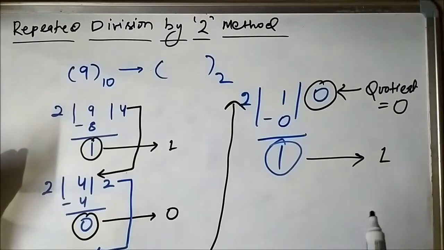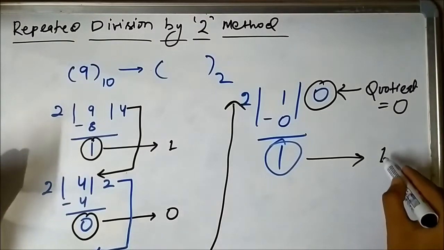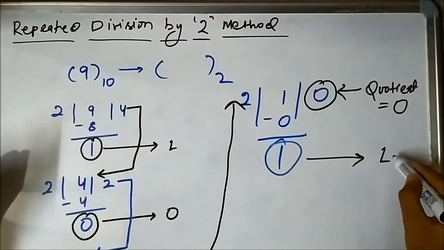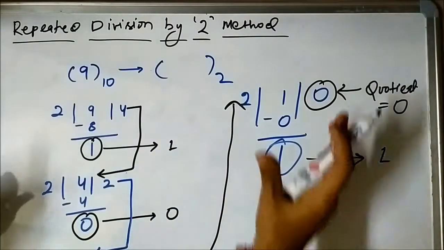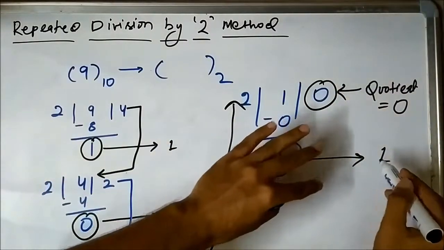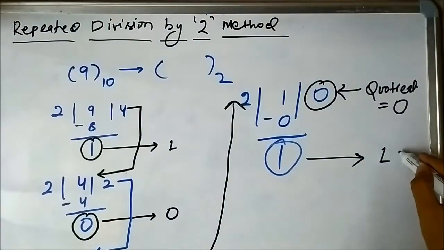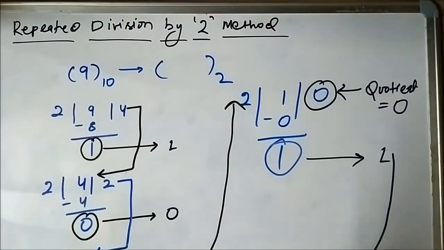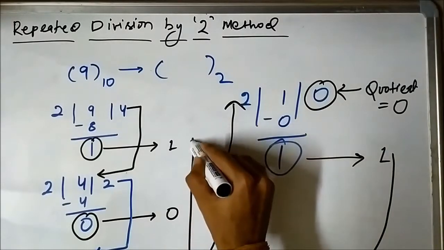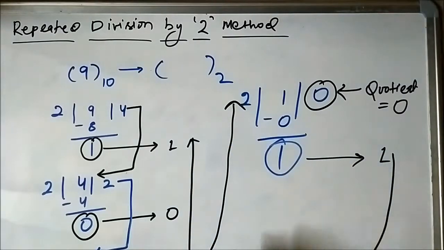So now what you have to do is proceed from downwards. Here, because of the lack of space, we have to move here. The last remainder is this 1, and you start from here and move upwards in this direction, noting the digits in that order.